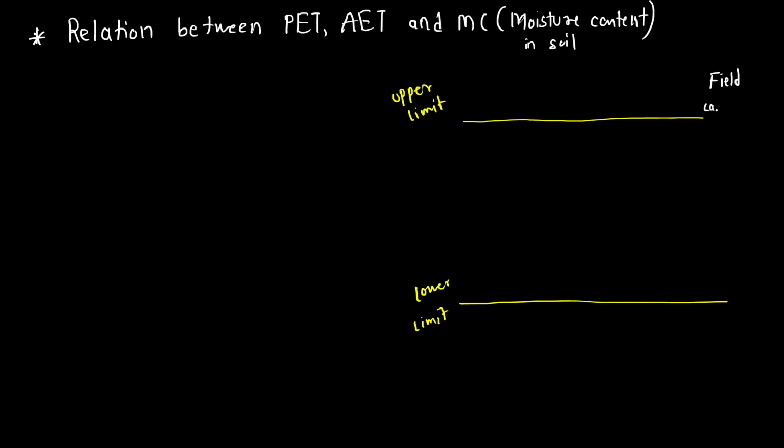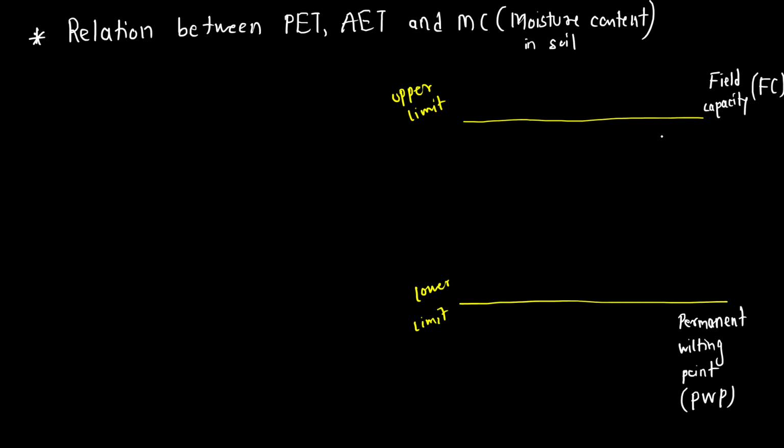And this lower limit is called permanent wilting point, PWP.